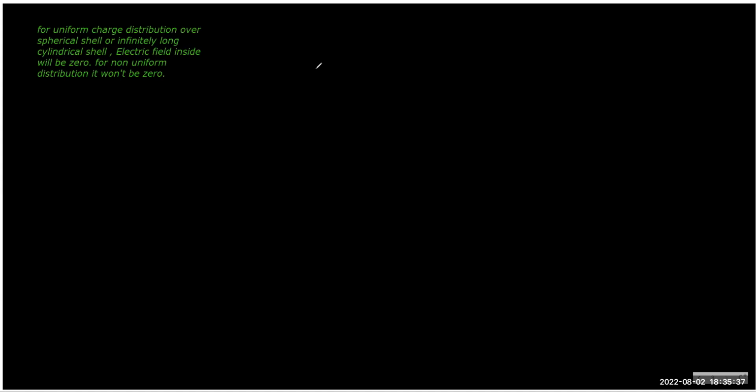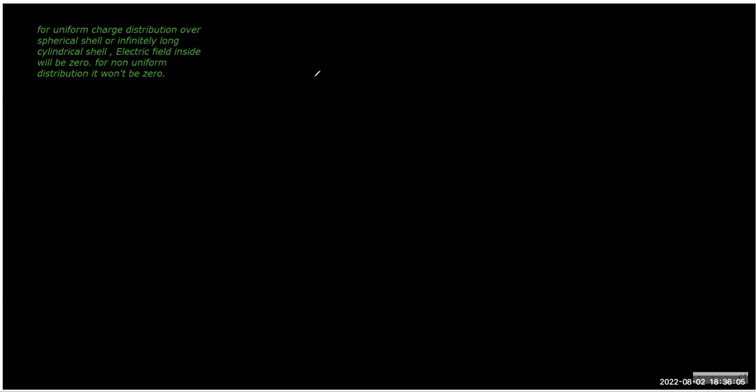We have to be very careful. We cannot say it is zero. Just because something is infinite will not make sure that the answer is zero. Gauss law is not the right way to get the answer here, because Gauss law only says that the integral of E dot dA equals Q enclosed by epsilon naught, but you have no idea whether E dot dA is well defined or not. For non-uniform distribution, E dot dA is not well defined.